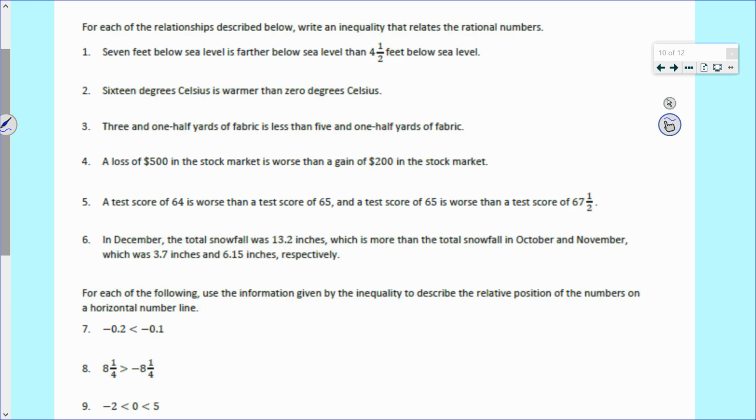Okay, guys, let's go. For each relationship, write an inequality that relates the rational numbers. In other words, I need to use again my less than, greater than, or equal to symbols. So I have 7 feet below sea level is farther below sea level than 4.5 feet below sea level.